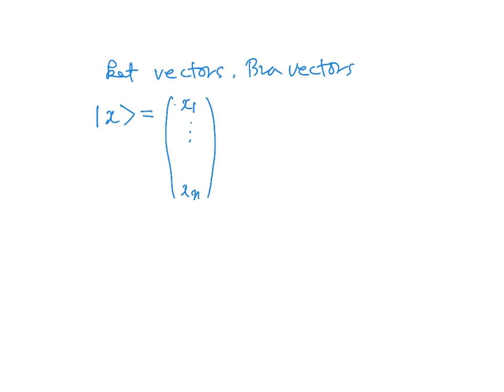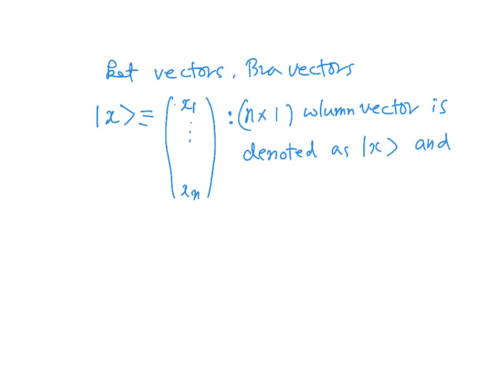We introduce an n by 1 column vector, denoted as x and called a ket vector, or denoted is the same as written down.